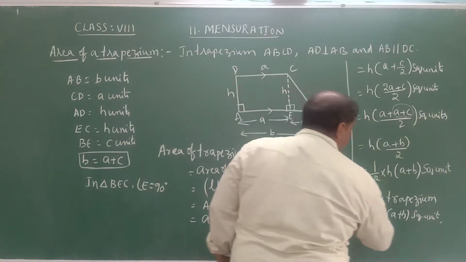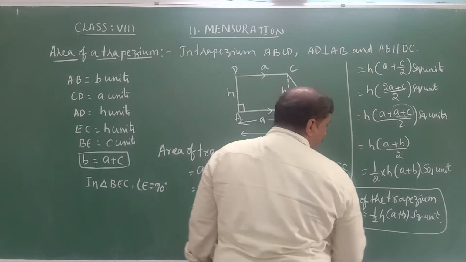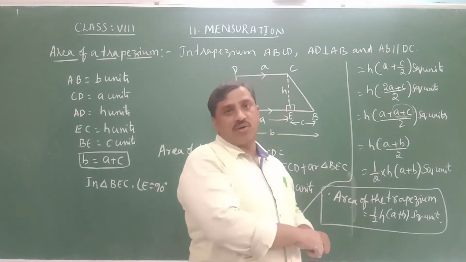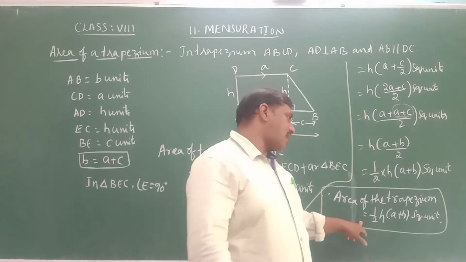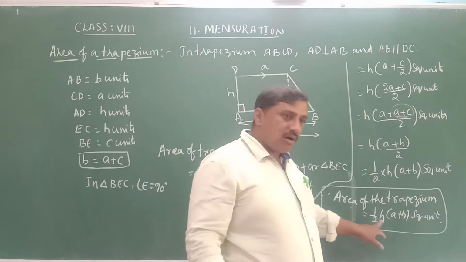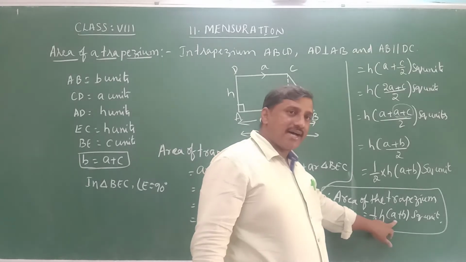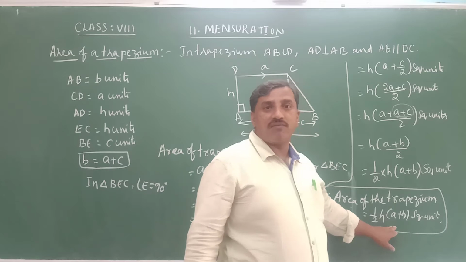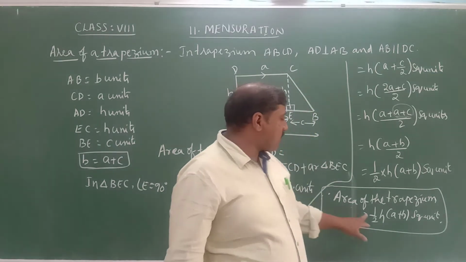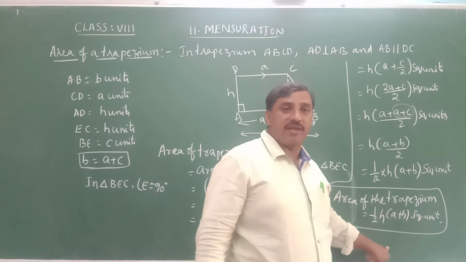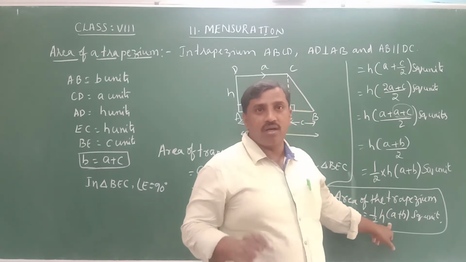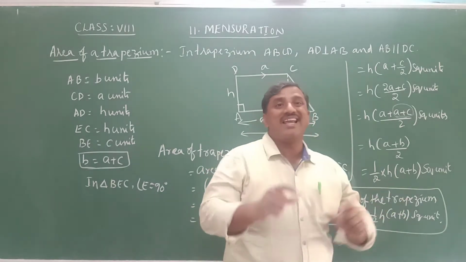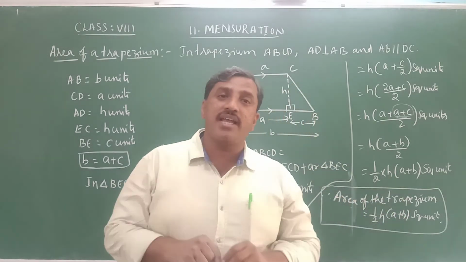That is, area of the trapezium is equal to half into h into a plus b, that is half of the product of its altitude and the sum of its parallel sides. So area of trapezium is equal to half into h into a plus b, where h is the altitude or the perpendicular distance or the height, and a and b are the lengths of two parallel sides of the trapezium.